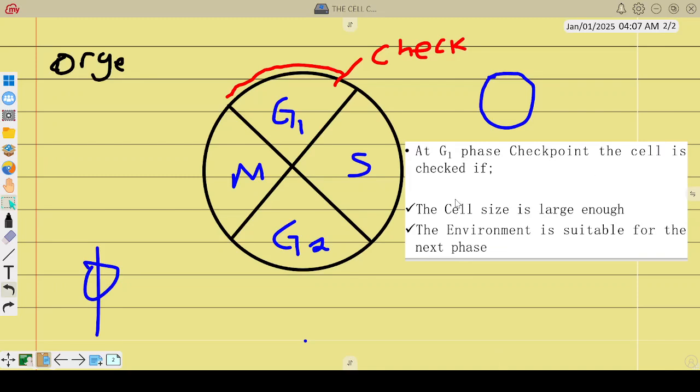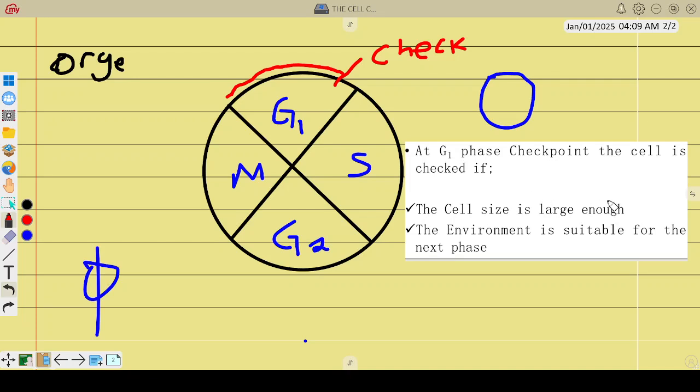The cell is checked if it is large enough and if the environment is suitable for the next phase. Those are the major things which take place at this checkpoint.